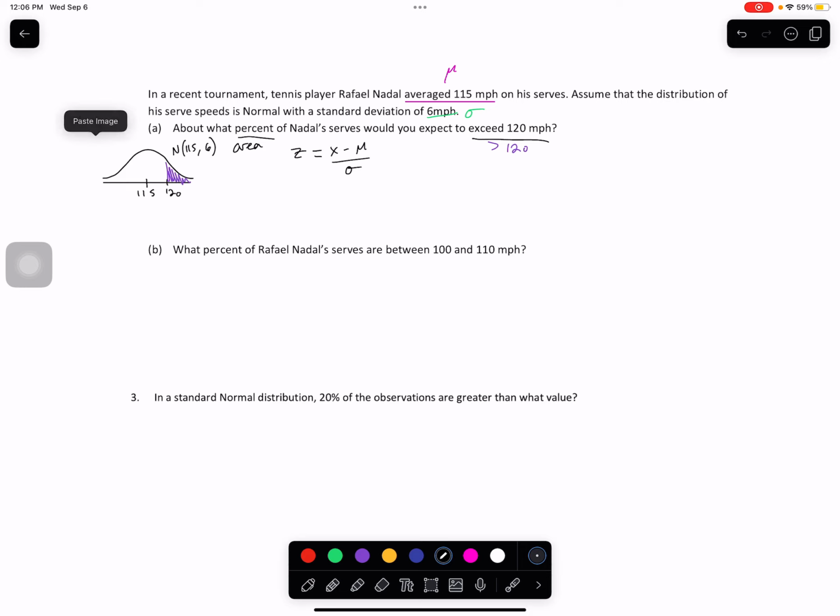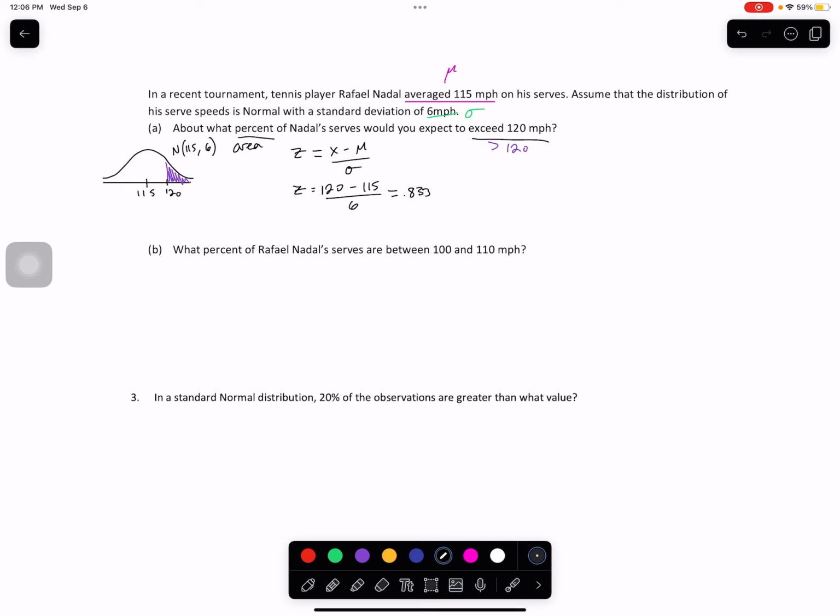For us, that means I'm just going to plug in what I know. So x is the value, which is 120, minus the mean, over 6. When you put this in the calculator, you should get about 0.833.